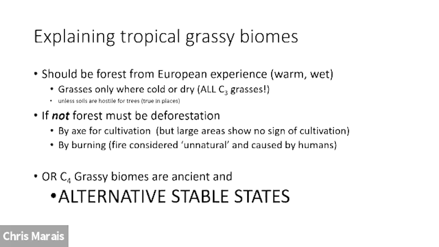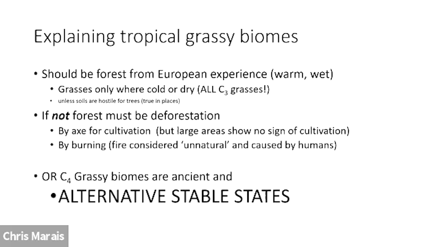So from a European perspective, if it's not forest, and it's grassland, it must be because of deforestation, axes for cultivation, but in Africa, you see huge areas of grassy biomes which have not been plowed, or by burning. And the belief was that fires are unnatural, caused by humans.